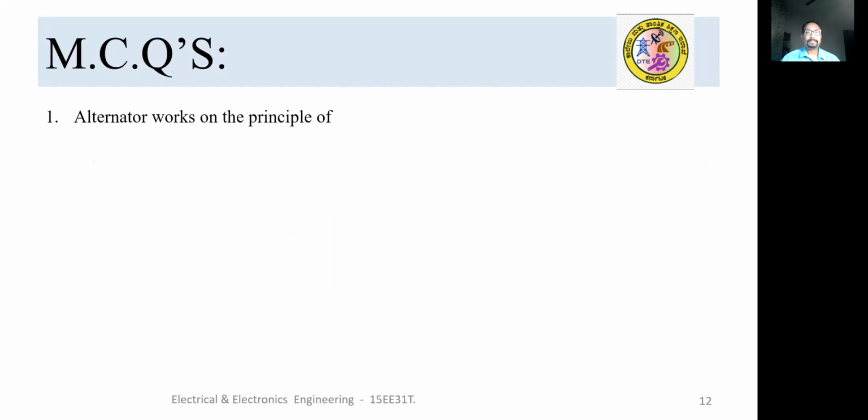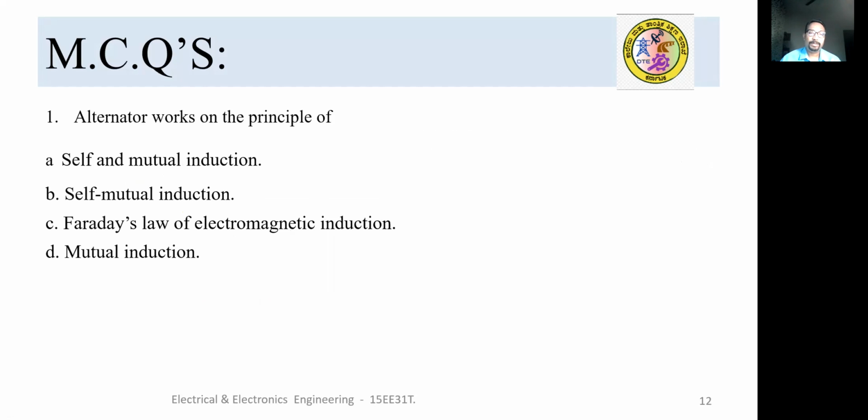Question number one: alternator works on the principle of. On what principle does the alternator work? Self and mutual induction, self induction, Faraday's laws of electromagnetic induction, or mutual induction. Self and mutual induction, no chance at all. Self induction, never. Mutual induction, not the one.